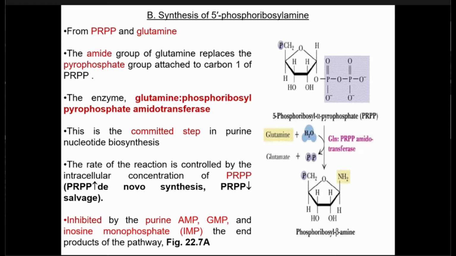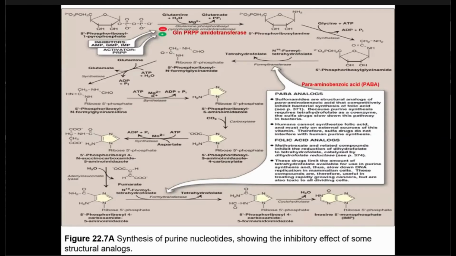What it means, the end product, I'm going to show you this. So don't get scared. You don't need to worry about this. This is just to tell you how complex the purine synthesis is.